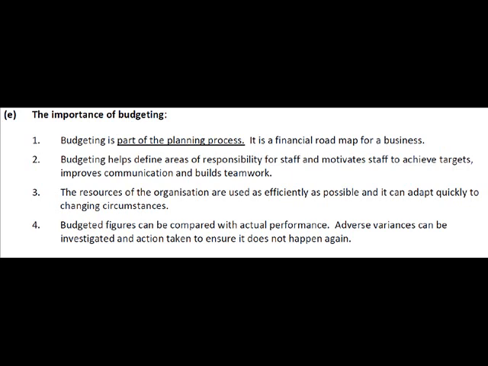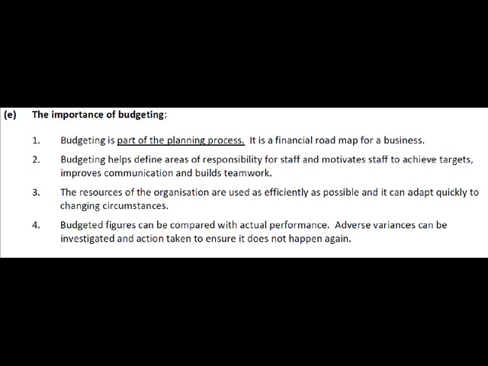And of course that then explains the areas of responsibility that your managers have, and you would usually give them bonuses then if they reach their targets. That's what he's talking about there in helping to define areas of responsibility and motivating staff in his point 2.